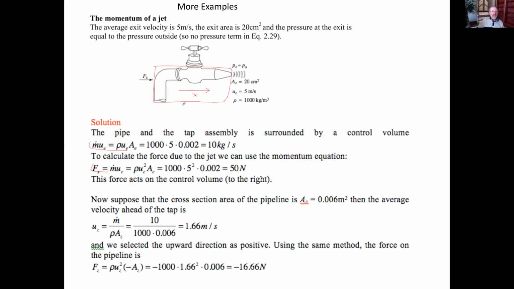It means that the shear is going to act in this direction, Fx, on the control volume. Otherwise, the jet will push the whole assembly in this direction. But it stays stationary, therefore we must apply a force which is the sum of all the shears. If you hold a hose or something like that, you must apply a force to keep it in place.